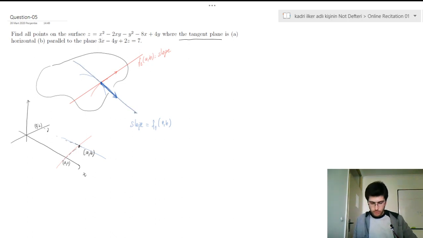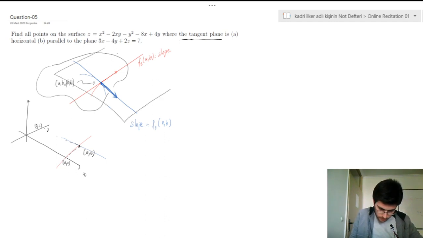Maybe I should skip those parts. So this is exactly the point (a, b, f(a, b)). We really want to understand the tangent plane like this at that point.